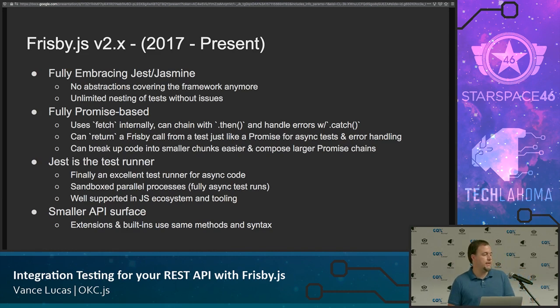Jest was really key for this rewrite, and it's the reason that I decided to go ahead and do the rewrite, because I didn't want to do a rewrite with a slow test runner again, because it wasn't going to be that much of a benefit. So the third bullet point here, Jest is the test runner.